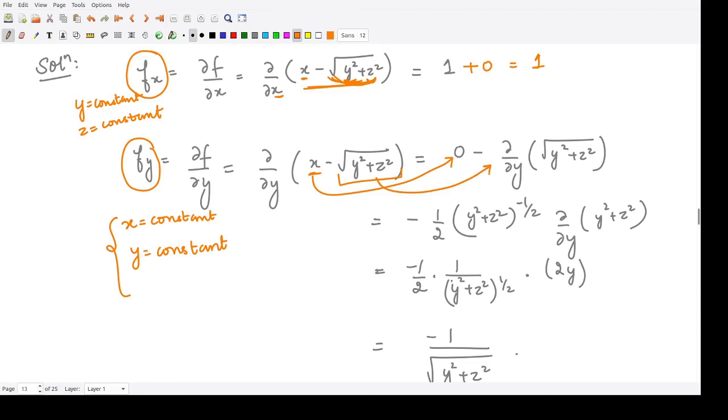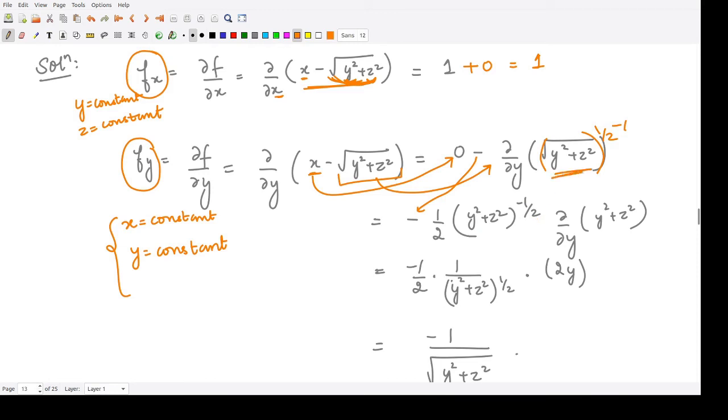How do you calculate the derivative of the square root of some quantity? Firstly the power would come outside, so it would be minus 1 by 2. Minus is because of this term, and because we have the power 1 by 2, that power will come in the front, and then we would have the power of y square plus z square reduced by 1, so it would be minus 1 by 2.